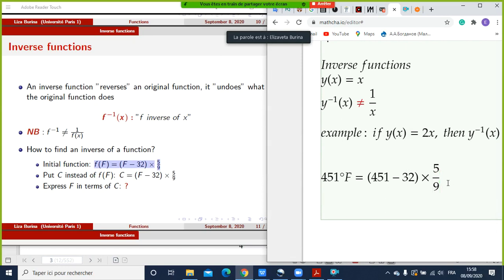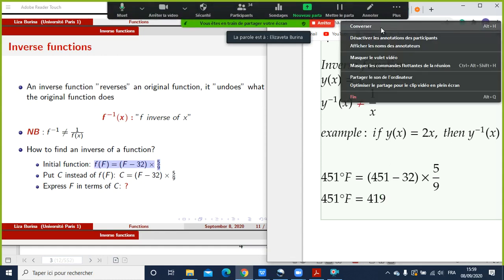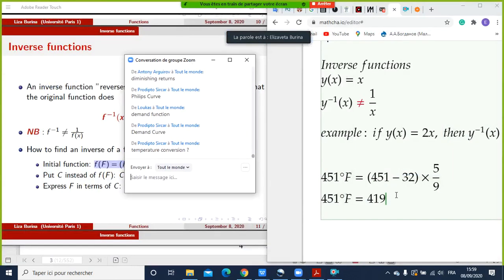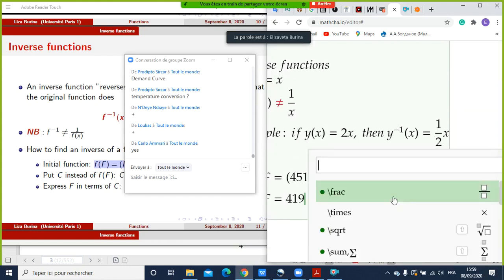Well, we do the calculation, and I didn't do it, by the way, so I'm going to do it with you. 451 minus 32 will be 419, right? Yeah, this is where I don't know how to do math. Am I right? Just put a plus if I'm right. Okay, cool. Thank you. Then can we divide 419 by 9? No, we cannot.